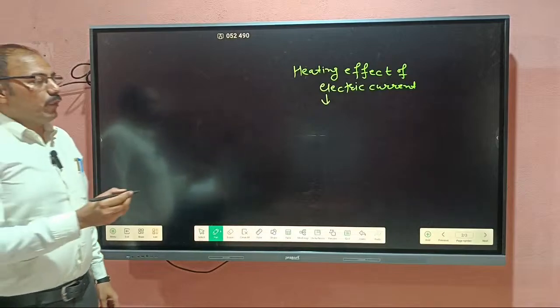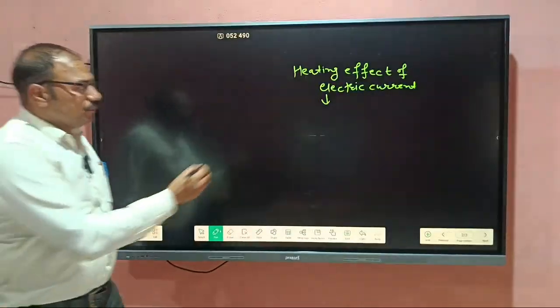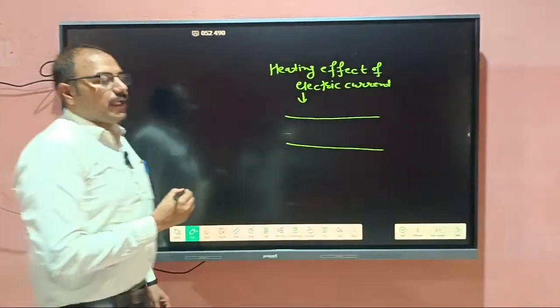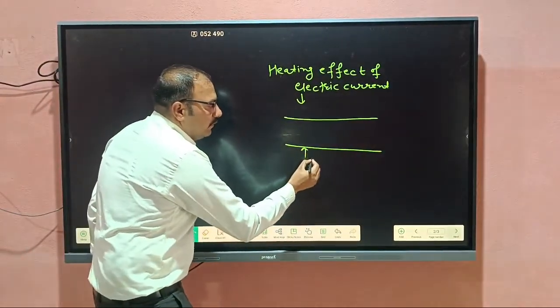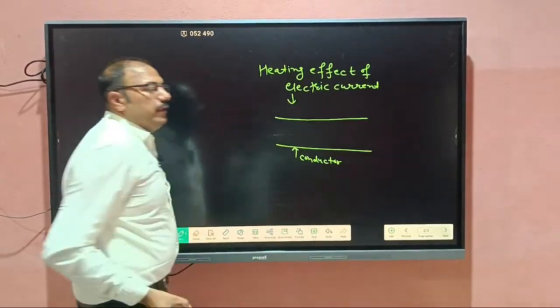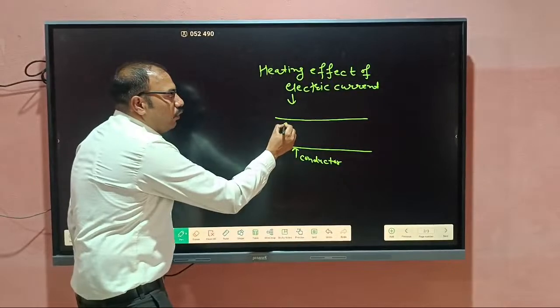This wire produces heat due to the collision of electrons. Like this is a conductor, and it consists of many electrons.